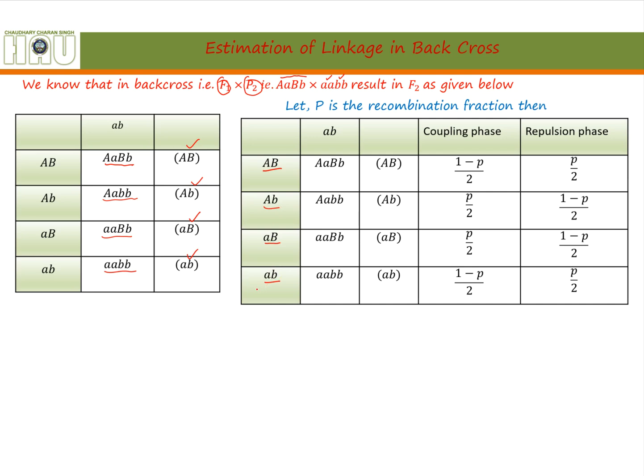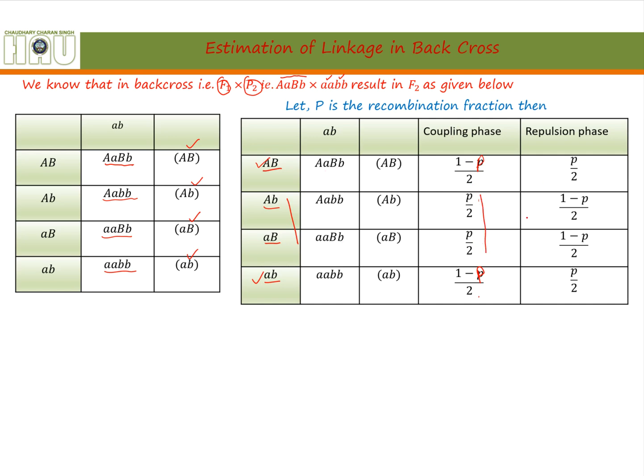Now in coupling phase, these two classes are of parental type, so their fraction can be computed as 1 minus p by 2 and 1 minus p by 2. And for the recombinant types, the fractions are p by 2 each.